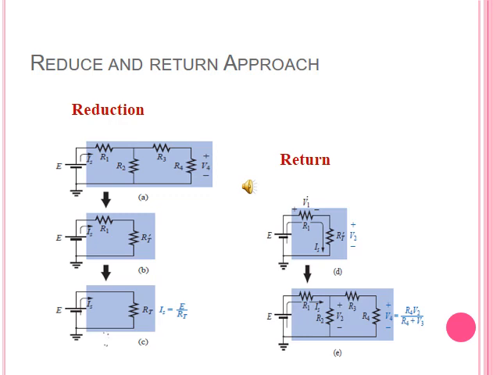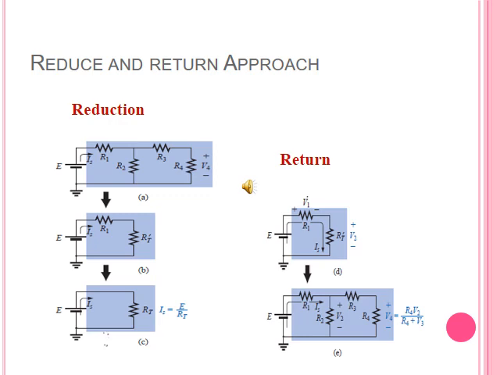Now, in the next step, as you see, we have reduced the circuit as R3 and R4 in series, and after that R3 and R4 in series are in parallel with R2. Then we label that resistor as RT bar. After finding that, we will add R1 with RT bar to find the total resistance of the circuit, that is RT.